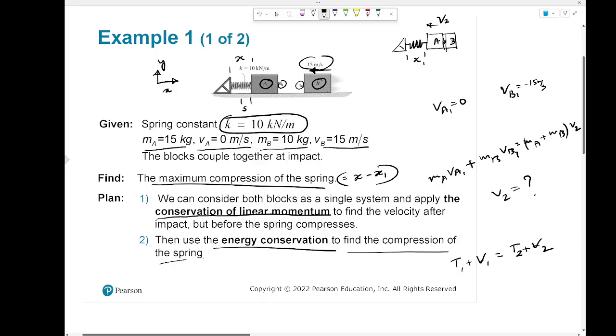Anybody remember the equation for potential energy for a spring? Half k x squared, and x is a kind of generic thing. Here the x refers to the amount of compression or extension that happens on the spring. In our case, it is x1 minus x, right? That's the amount of compression.